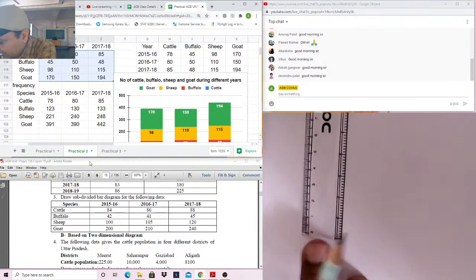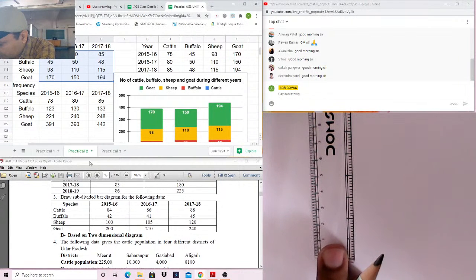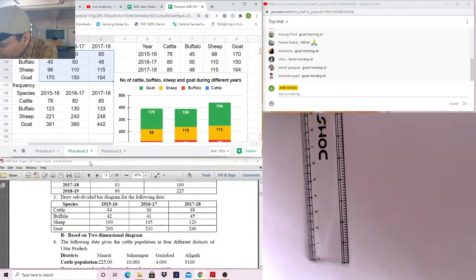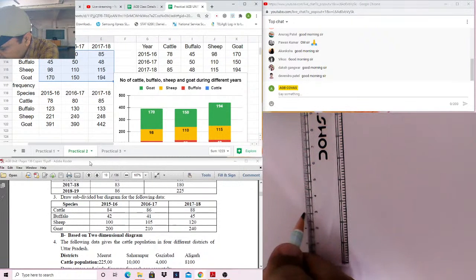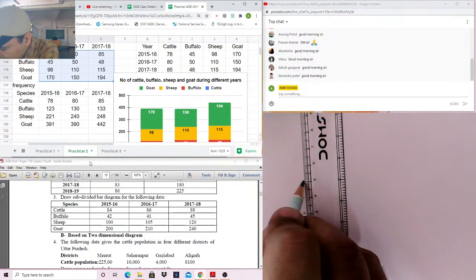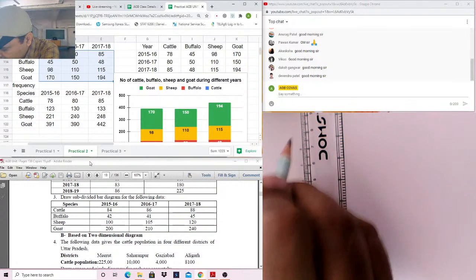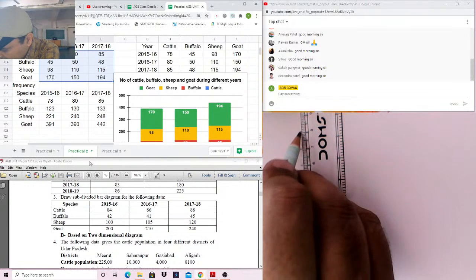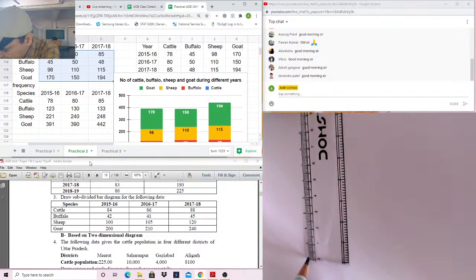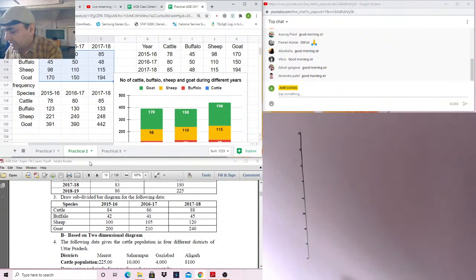So if it is 0, I make the gradations around 50, 100, 150, 200, then 250, 300, 350, and 400, and then make the y-axis line.